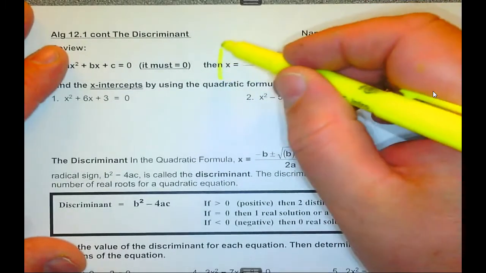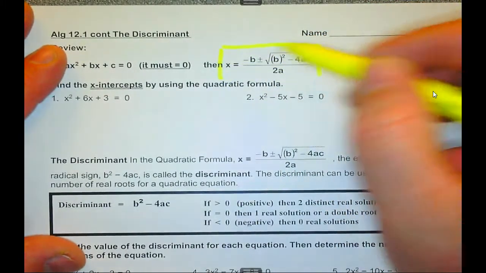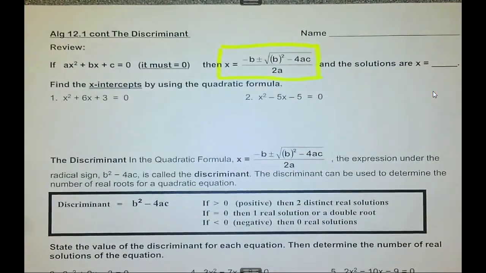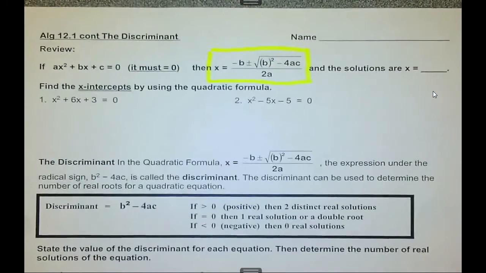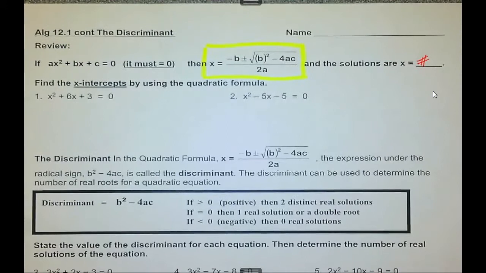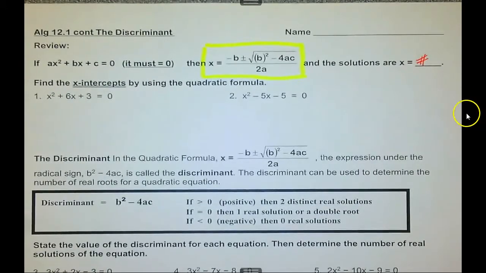where we have x equals negative b plus or minus the square root of b squared minus 4ac all over 2a. And then we get a number for x, right? X will equal some number. Well, what does that mean? Big deal.